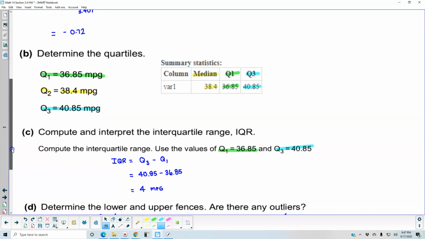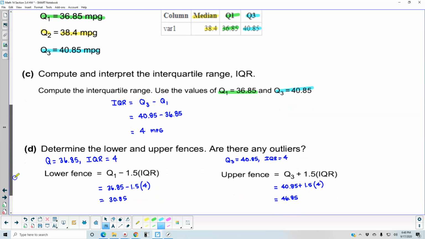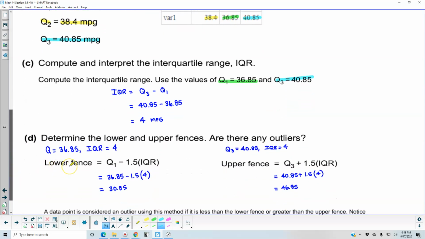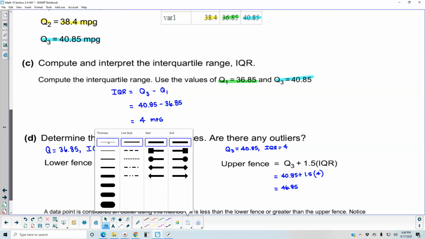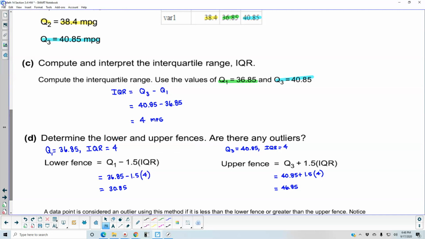And now in Part D, we want to determine the lower and upper fences, and then determine whether there are any outliers. To obtain the lower fence, we look at quartile 1, which is 36.85, and our interquartile range is 4.